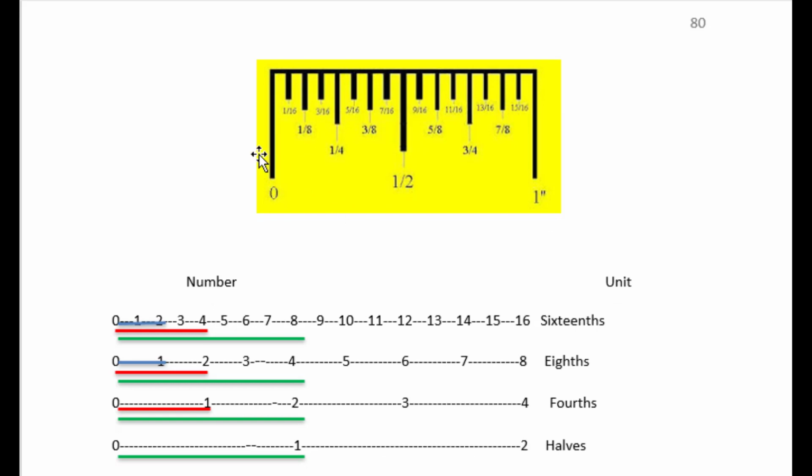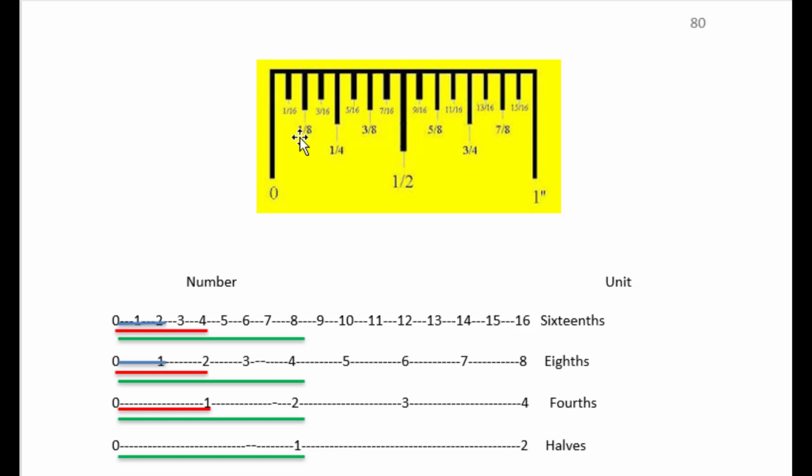So here is 1 inch on a tape measure, and it's cut into these different pieces. In eighths, in sixteenths, there would be 1/16, so that's the measurement of 1/16. So there's 2/16, there's 3/16, etc. Eighths, you get 2 tick marks.